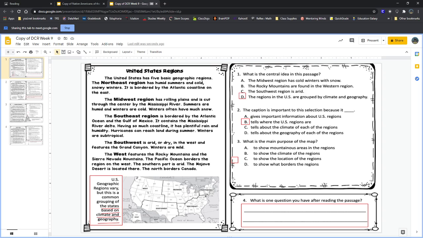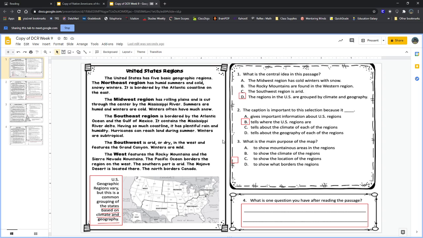So it's not giving us any extra information. It's not telling us again about what the weather is like. It's not telling us about the geography, but it's giving us information about where these regions are. And they're telling us, depending on where you look, they might show the regions a little bit differently, but this is a pretty common way of keeping them all organized.